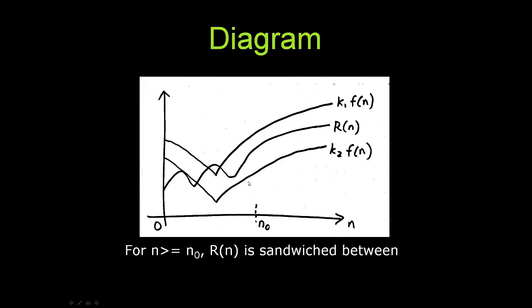In other words, the following curve is true. It means you have two lines. One is k1 times f(n), and the other one is k2 times f(n). At the beginning, you don't know what's happening, but basically as n goes big, beyond some number n0, you have a situation whereby R(n) is sandwiched between these two lines. Okay, so when this happens, it means that f(n) is the order of growth for R(n).